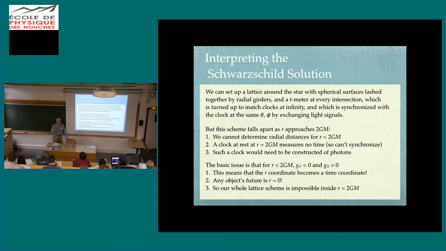And you can choose different synchronization methods. It still describes the same geometry, but in different coordinate systems that describe different ways of slicing up the space-time. So it's really important, like I say, the metric tells you what the coordinates mean. There's no other way to get that information.